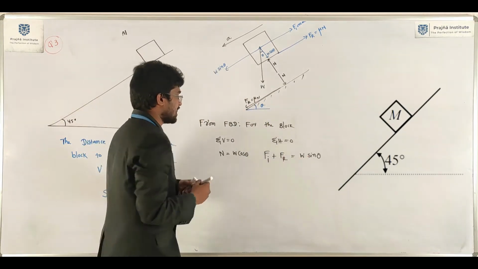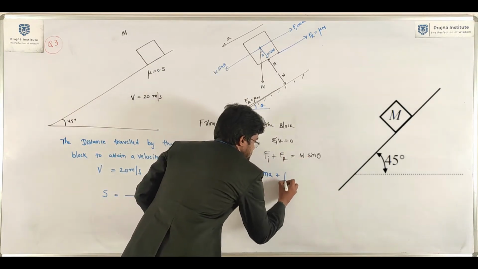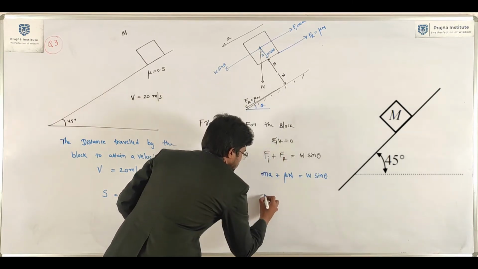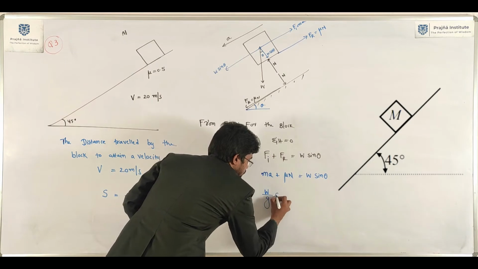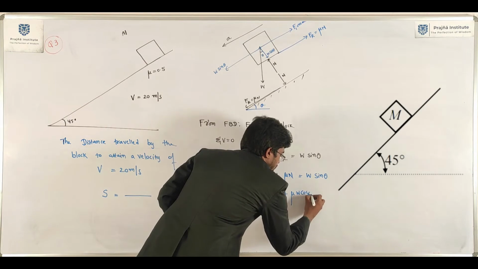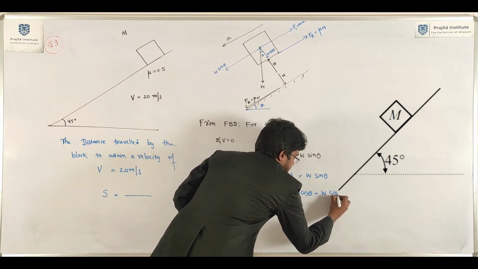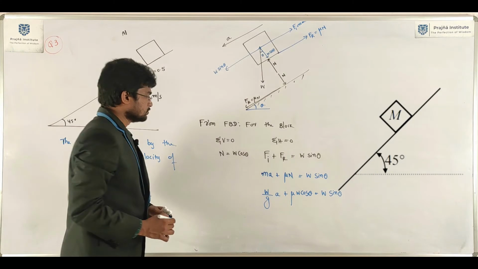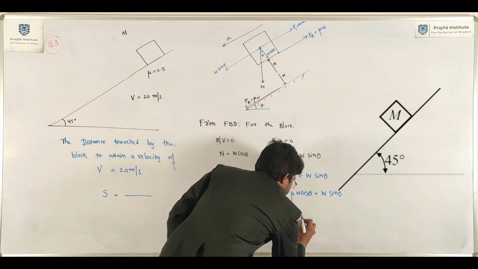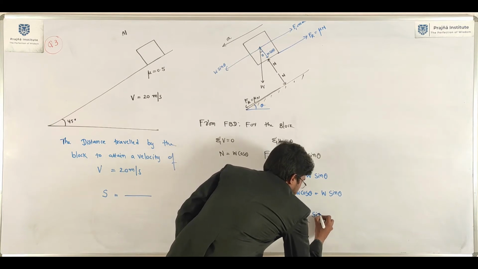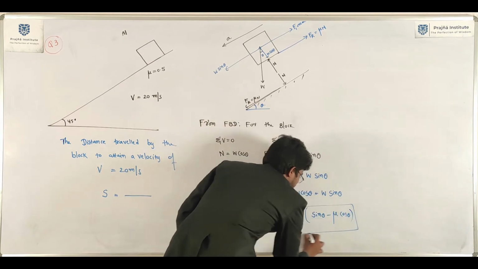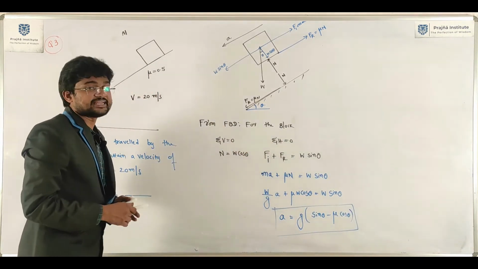Inertia force is ma, so W by g into acceleration plus mu into W cos theta equals W sin theta. Now W cancels out, and finally a equals g into sin theta minus mu into cos theta. This is the acceleration of the block.